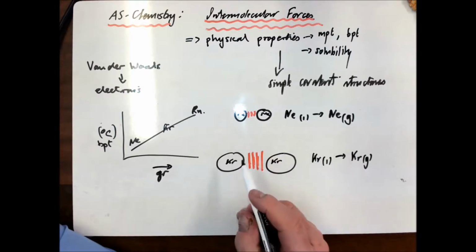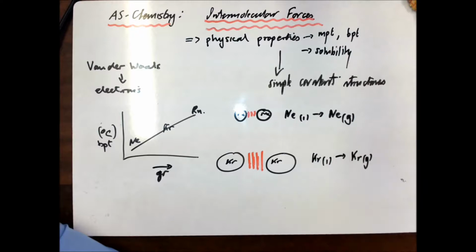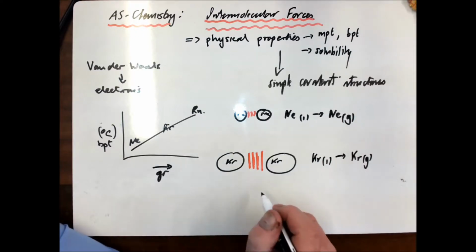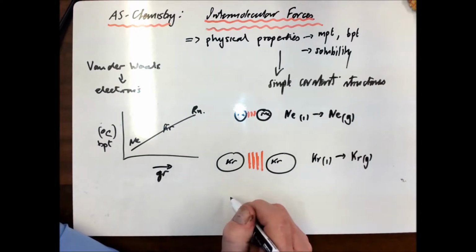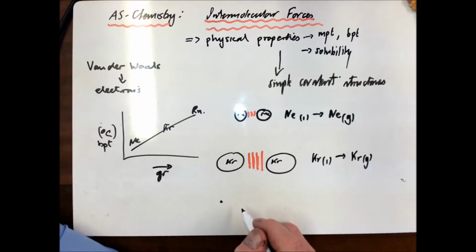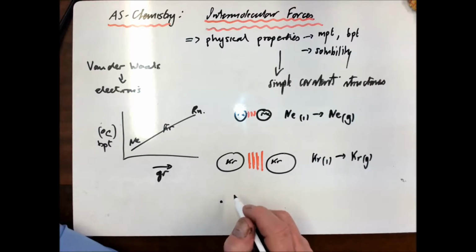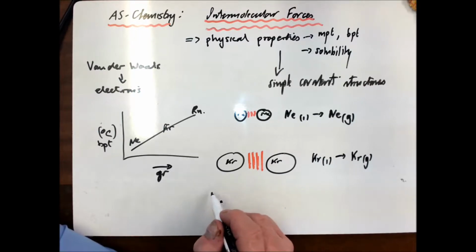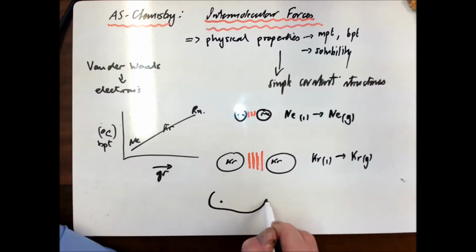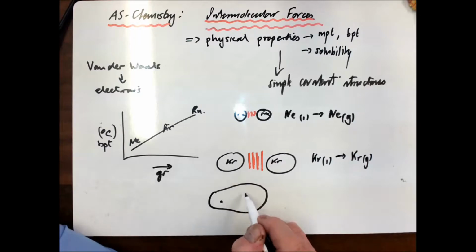So the question we need to ask ourselves, well, why is that? Let's imagine to take any of these, it doesn't matter. Let's take one of them, and there's the nucleus. And if we imagine the electrons at any one particular femtosecond, an extraordinarily small amount of time, the electrons are constantly on the move, so they may distribute themselves to a greater proportion at one end of the molecule.